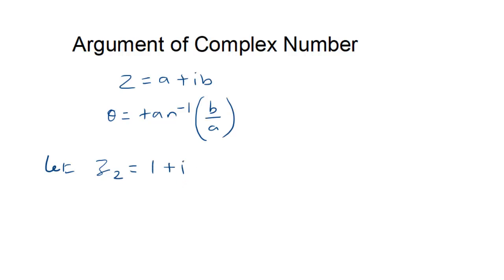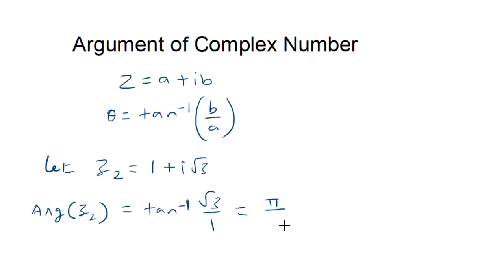Then its argument, written as arg z2, will be equal to tan inverse of root 3 by 1. So we have to think about an angle whose tan ratio is root 3, and it will be 60 degree, that is pi by 3.